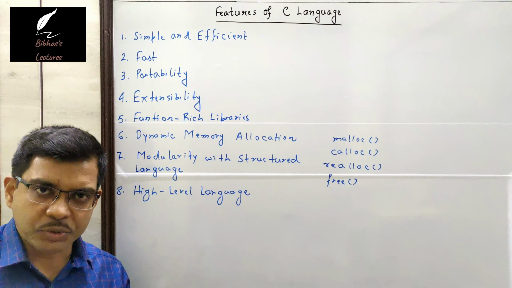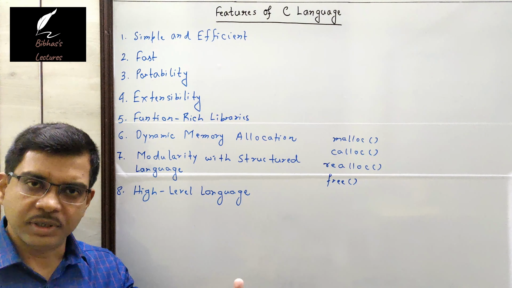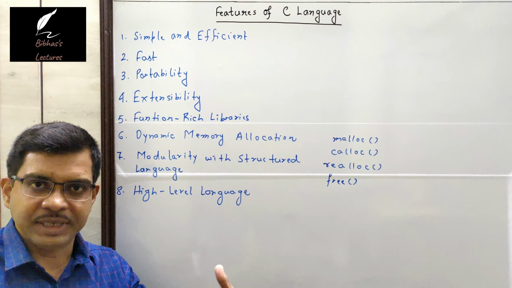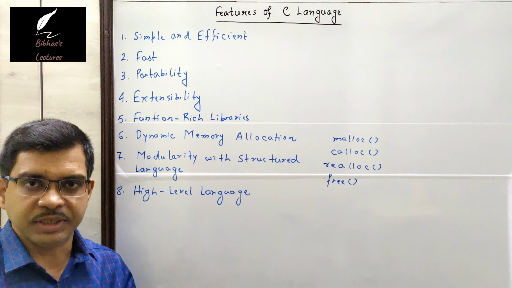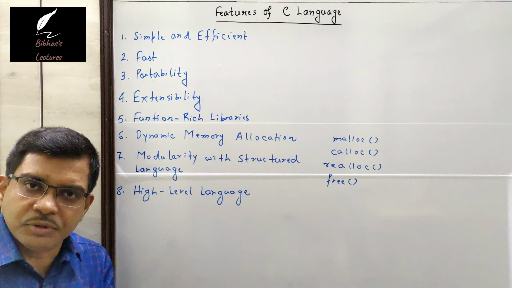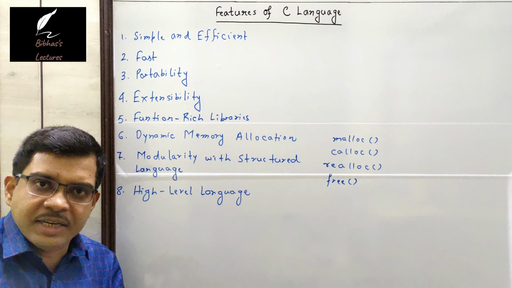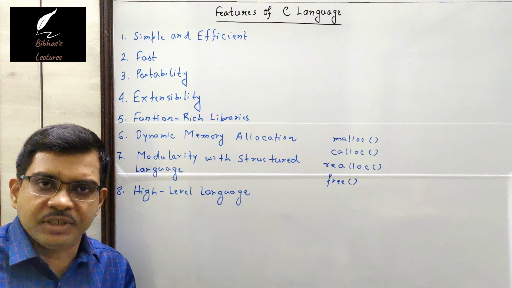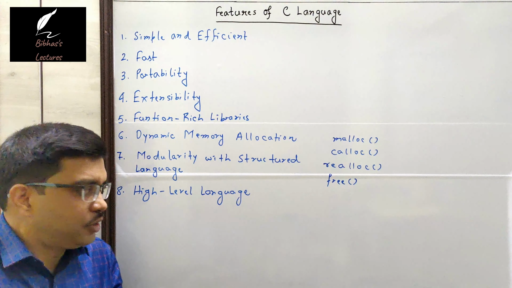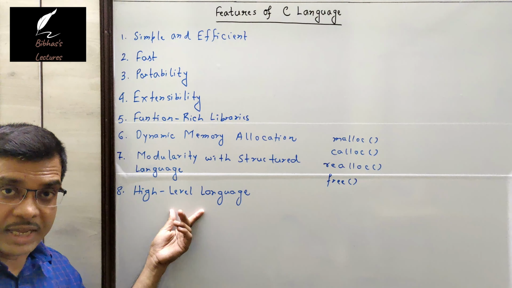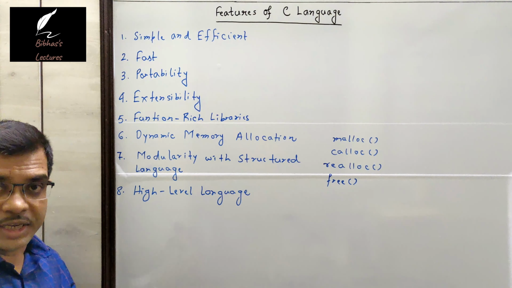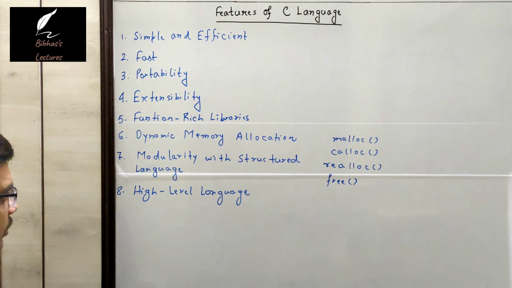That means you can write any code, and that code can be run in any type of computer. It is machine independent. Another meaning of high level language is that it is much closer to human languages, and at the same time further from machine languages. So C is one of the high level languages available in computer science.